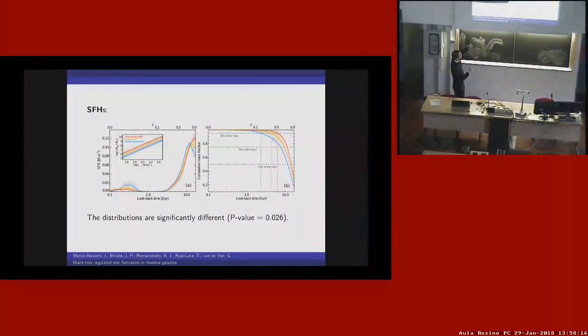And here we have an upside-down trend. We have more intense star formation in undermassive black hole galaxies than in overmassive black hole galaxies.